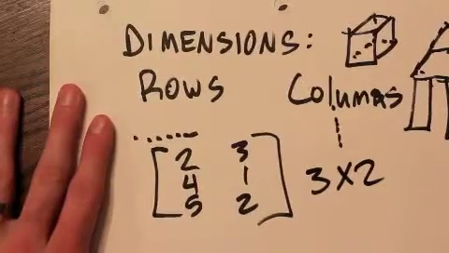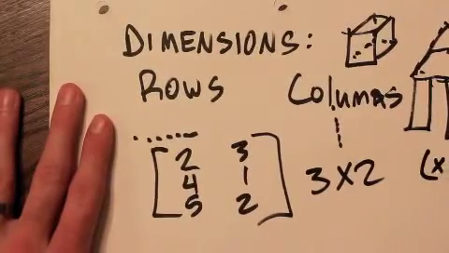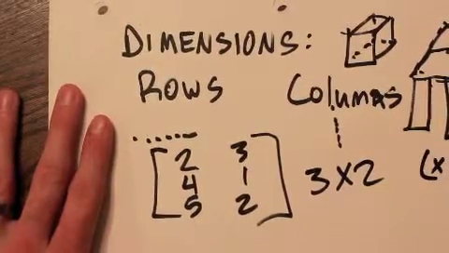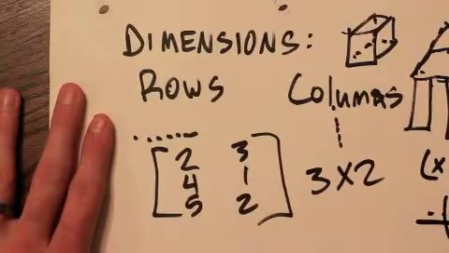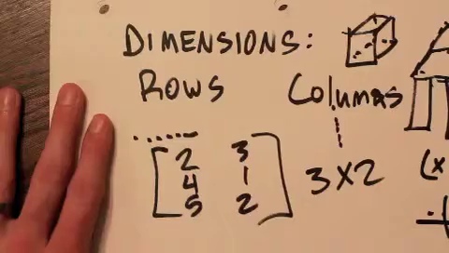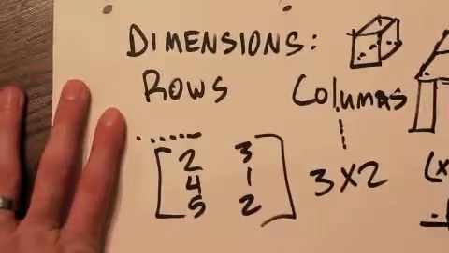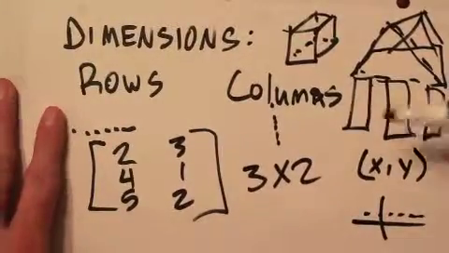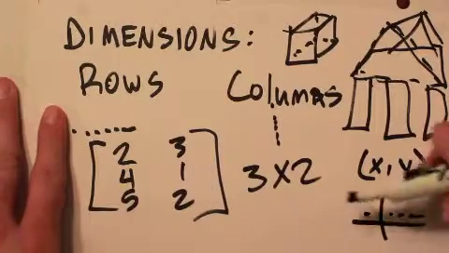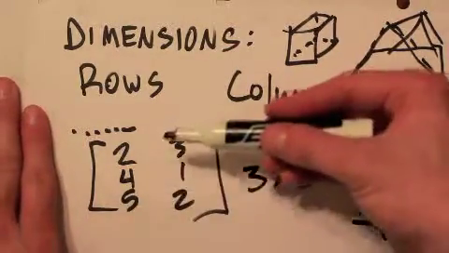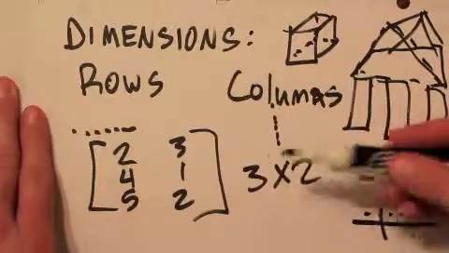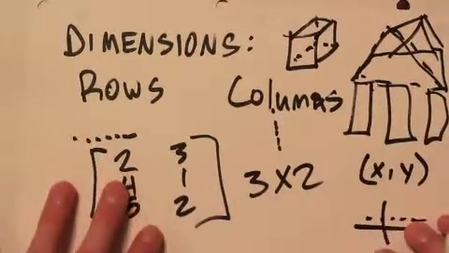Just like in the coordinate plane, x comes first and then y, x runs horizontally and y runs vertically. Well, y in a sense is your column, and your x is your row. So 3 rows, 2 columns, 3 by 2 matrix.